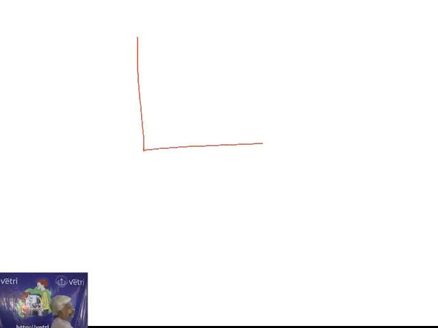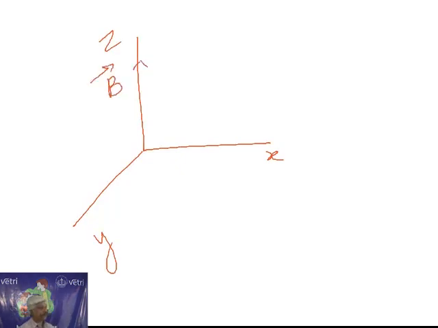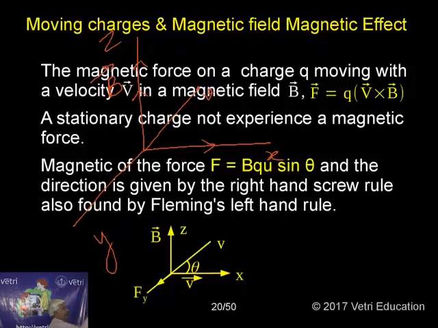So take three axes. This one is X, this one is Y, this is Z. We always take the magnetic field along this axis. Keep that in mind. If any body or charge moves with velocity V, this V can be resolved into two components, V sin theta and V cos theta, which makes an angle here.